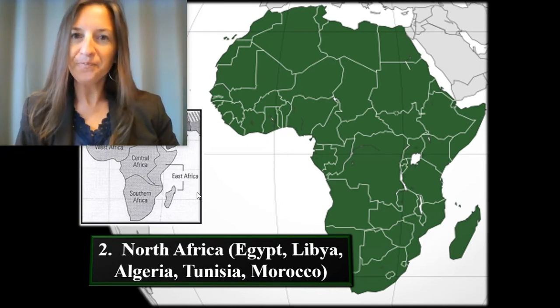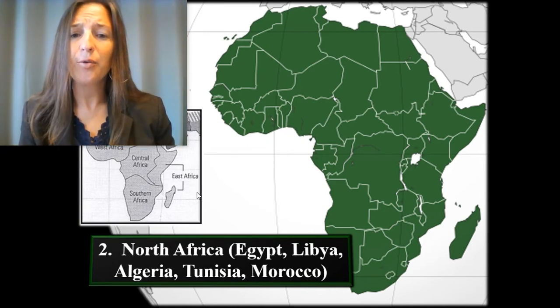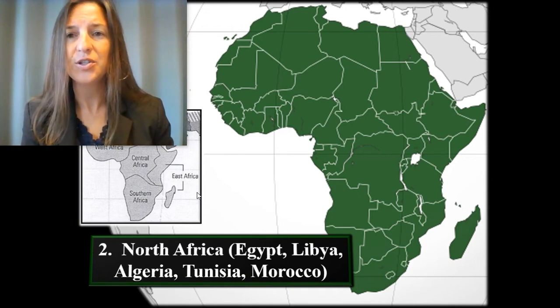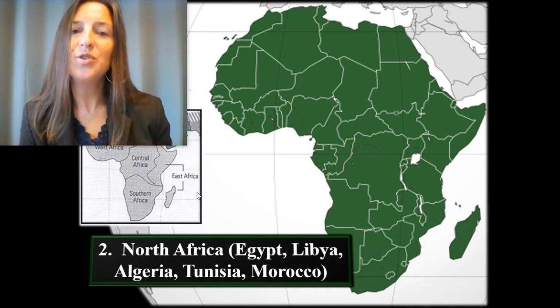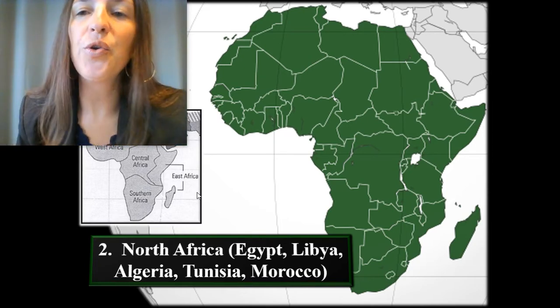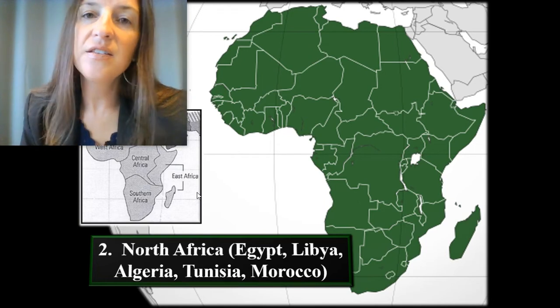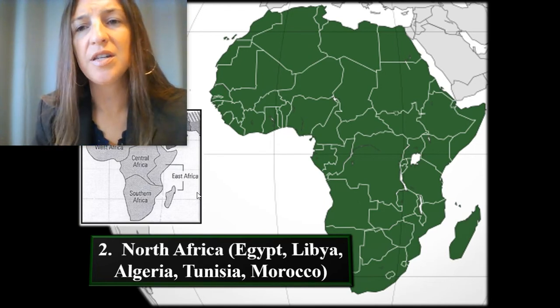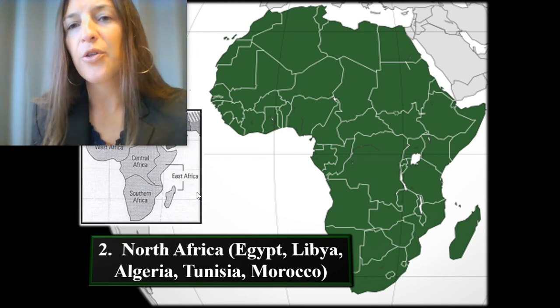The second note is to describe North Africa, which is Egypt, very ancient civilization, one of our ancient major civilizations, Libya, Algeria, Tunisia, and Morocco. Now, it is said that Northern Africa has more things in common in terms of culture with both the Middle East and Southern Europe than some of the other regions in Africa.